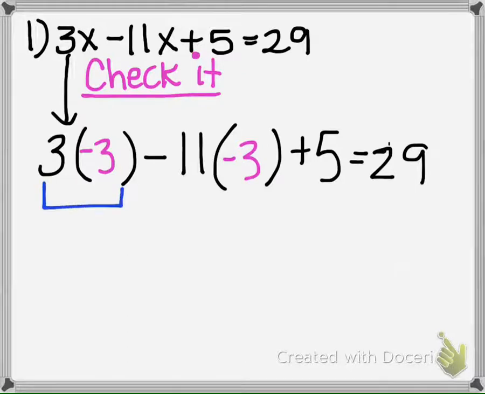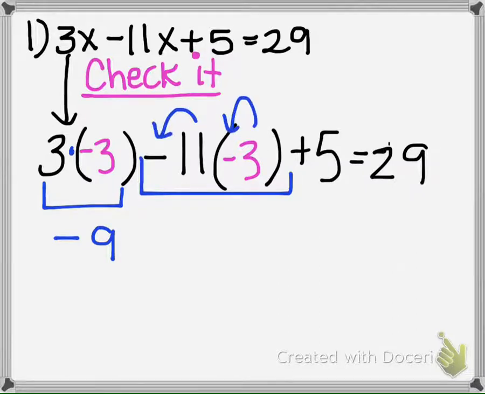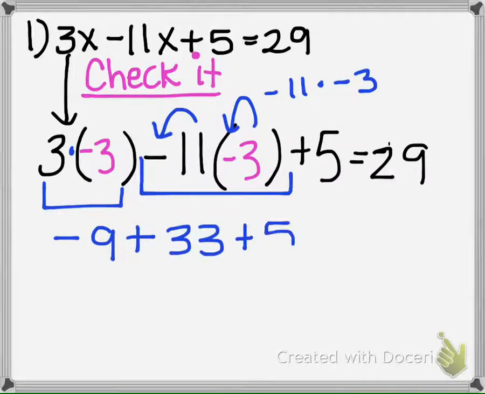So 3 times negative 3 is negative 9. And then here, we always remember from Math 092, we always look in front of a number to tell if it's negative or positive. So here we have a negative 11 times a negative 3, which is positive 33. And then we bring down the plus 5.